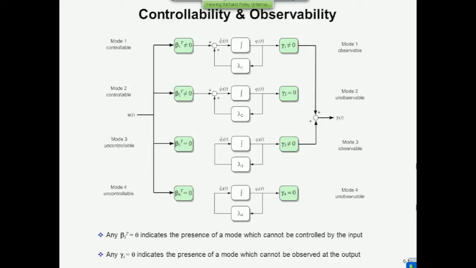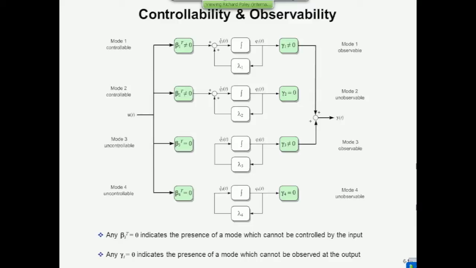Now, imagine a situation where gamma 2 is 0. That means that this mode is not coupled through to the output. We have no way of determining, simply by observing the output, whether Q2 is a stable or an unstable mode. And so therefore that mode is unobservable. But because beta 2 is non-zero, it is coupled to the input, so we could influence it.